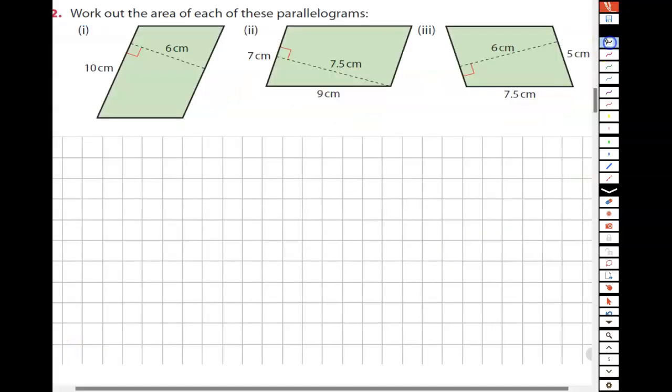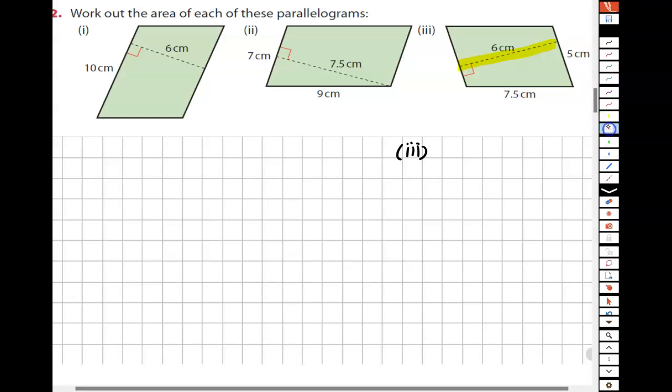Okay, so the difficulty here in this question is, I'm going to do part 3 again, that we have to realize which measurements we need because we have more measurements here than we actually require. So what we'll see is we need this here, our perpendicular height. So we need the base of that.